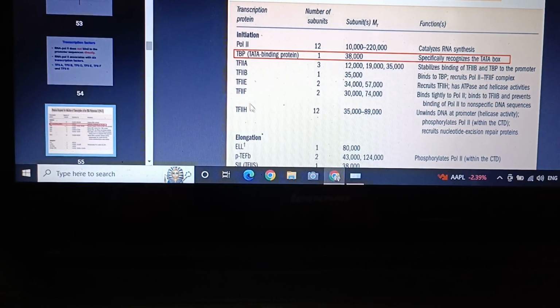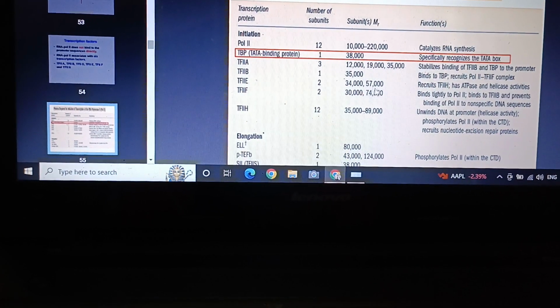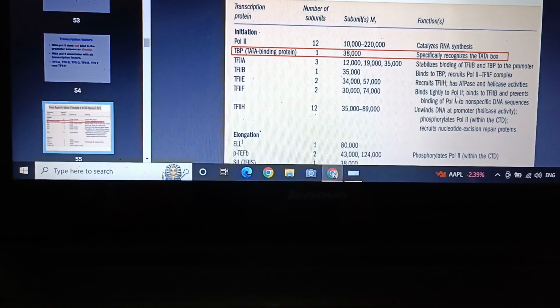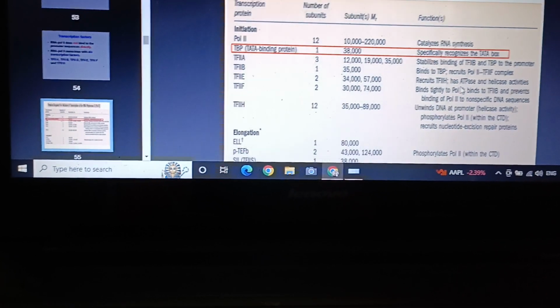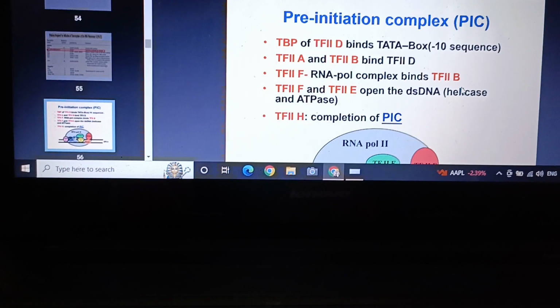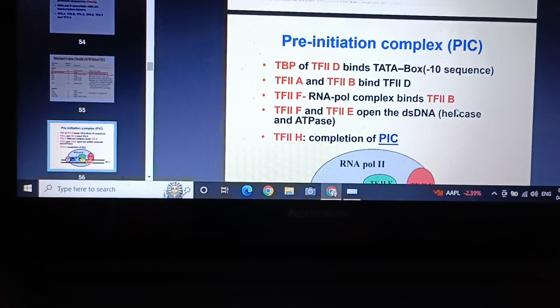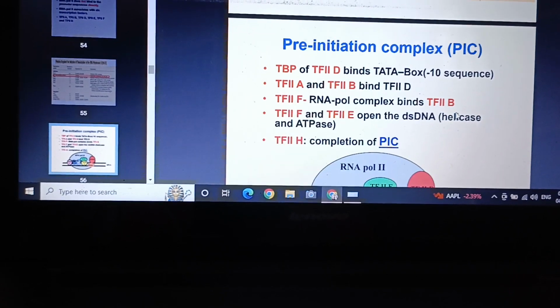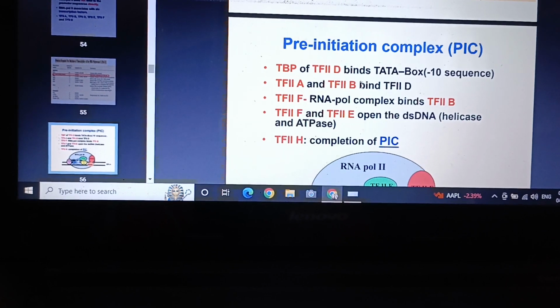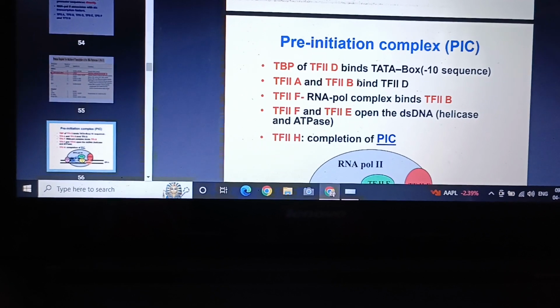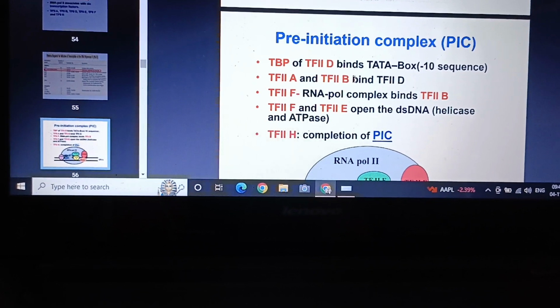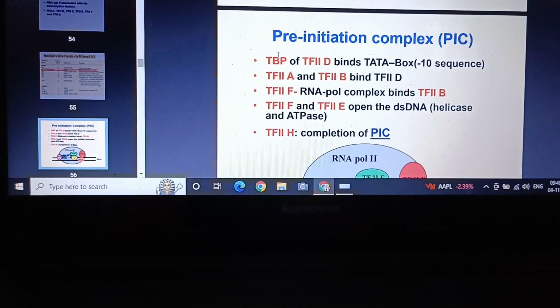These are your 6 transcription factors, and each has a specific role. Here the pre-initiation complex will form. Before the transcription starts, the pre-initiation complex forms. So what happens in this case?